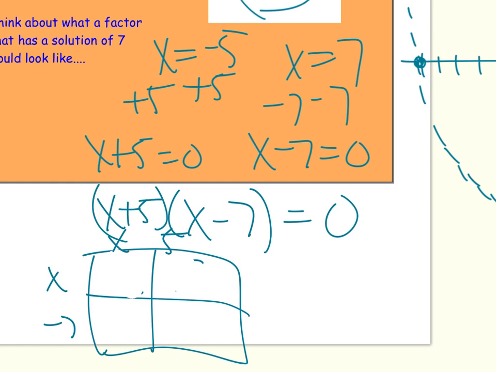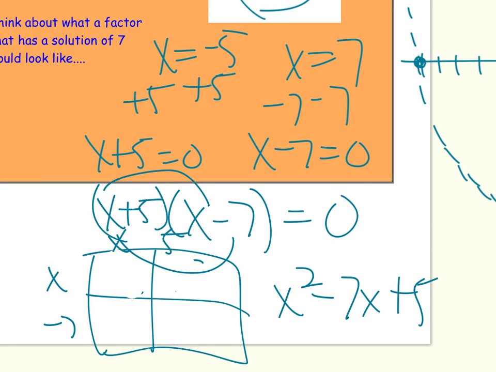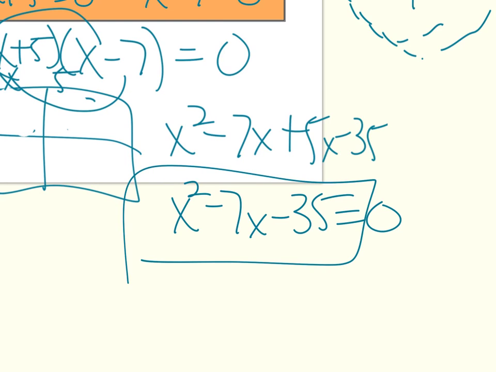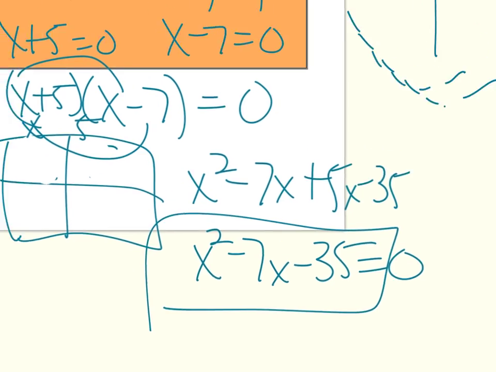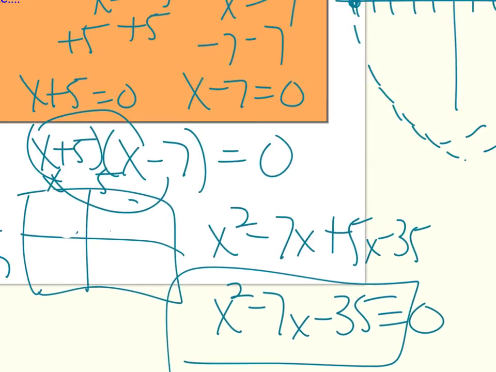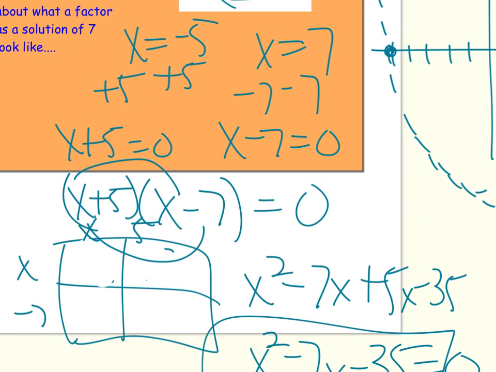Me, I just think foiling is easiest, so that would be x squared minus 7x plus 5x minus 35. So simplified, you're going to be x squared minus 7x minus 35 equals 0. There's my simplest function that would do that. So that would be a quadratic equation that would give me negative 5 and 7 for answer.